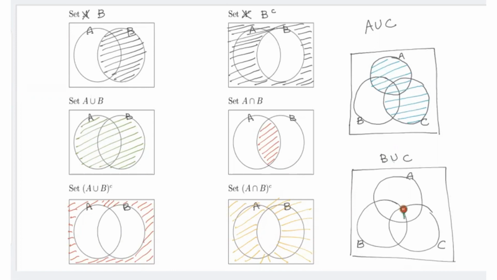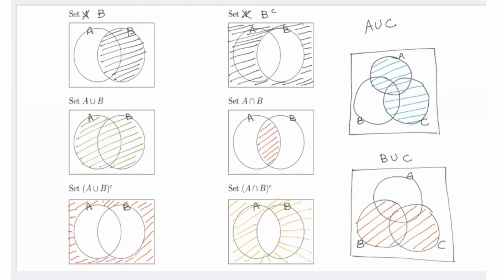So union is everybody in B and C. We circle B and C. B union C. Okay. Are we okay with this? Do we need another example or are we okay with this?